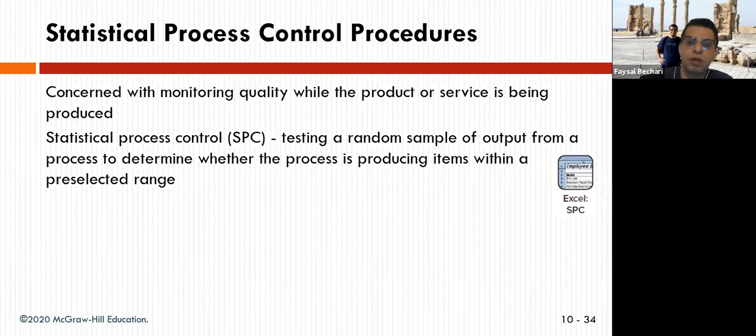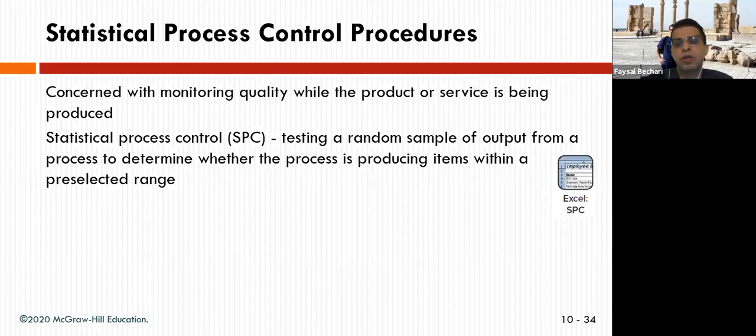Statistical process control is one of the ways of testing a random sample of output from a process to determine whether the process will produce items within a pre-selected range. For example, if you're producing 10,000 pants, you cannot test all of them. You can pick any 10 of them randomly and test them at each stage, and check whether they are according to the standard, because you cannot test the 10,000.